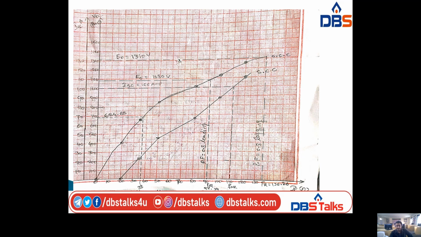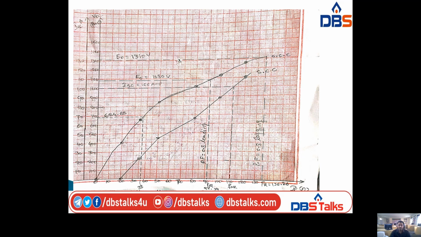The scale on the x-axis is field current equal to 10 amperes per division, that is 0, 10, 20, 30, 40, 50, 60, 70, 80, 90, 100, 110, 120 and 130. Like that I will mark the values on the graph paper on the x-axis.